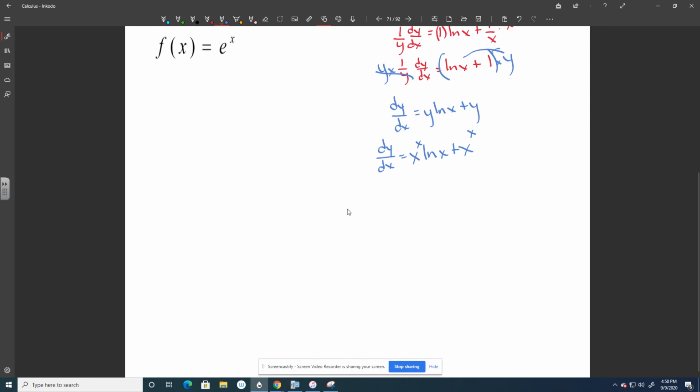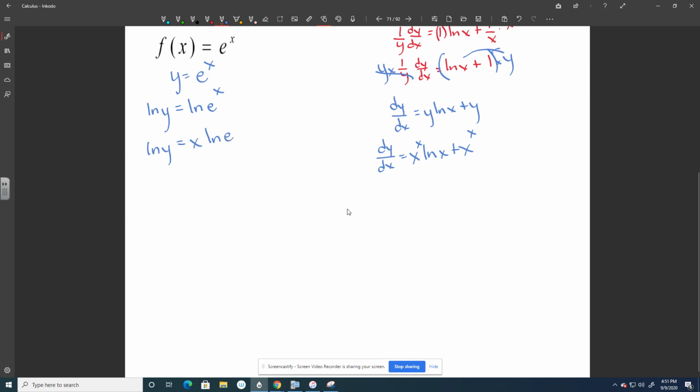Now we're taking the derivative of e to the x, which requires us to remember an old rule. So again, I'm going to change this to y equals e to the x, but this is a really cool derivative because if I do what we did before on this other problem and I take the natural log of y equals the natural log of e raised to the x, well, that says the natural log of y is equal to x times the natural log of e.